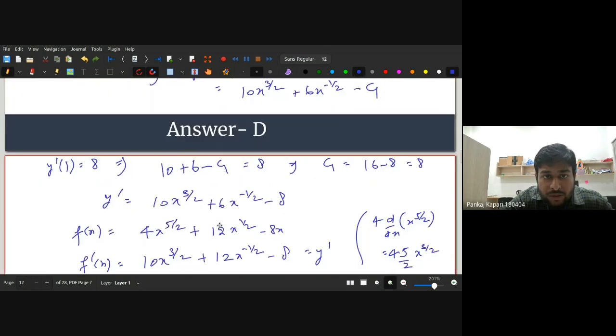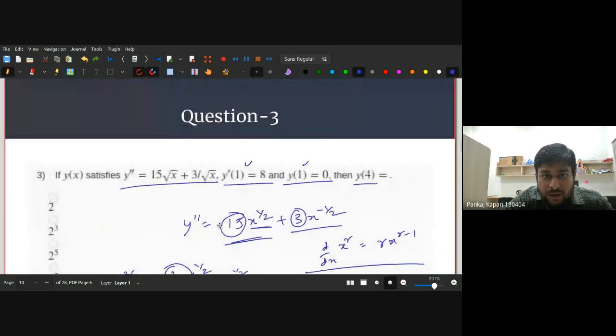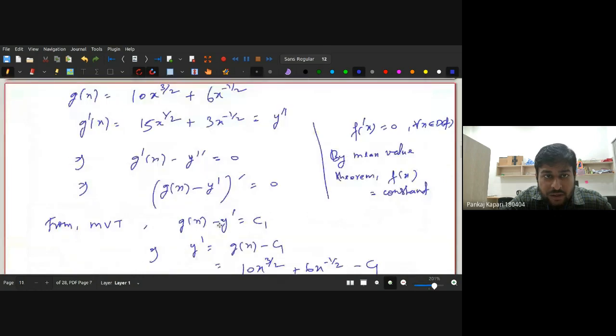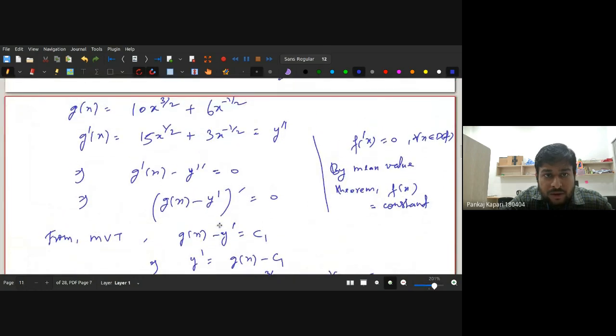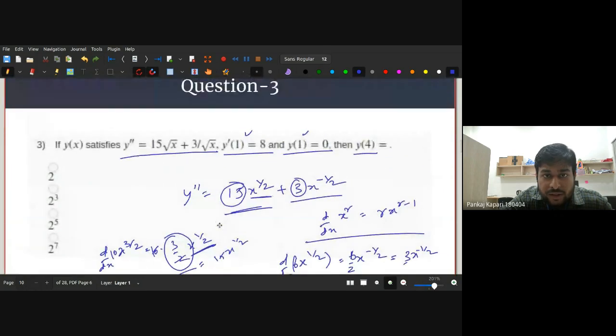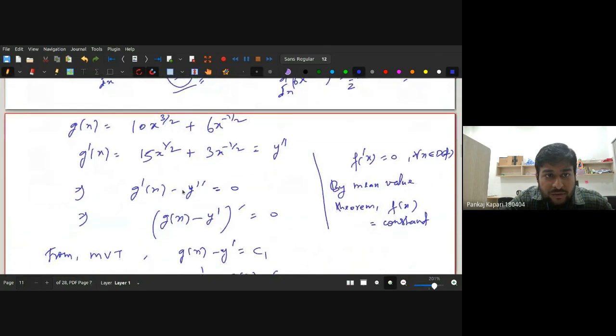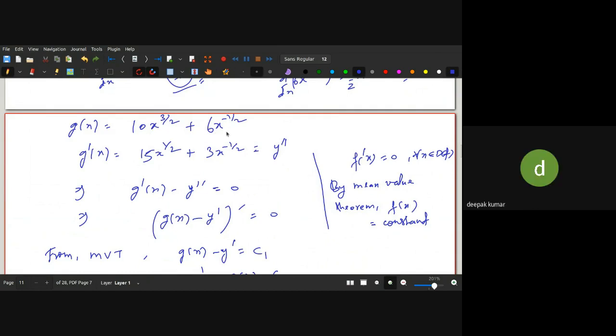So are we making some mistake? Let me check. 15x to the power half and 3x to the power minus half. Then if we differentiate this function, then 6x to the power half. I think there will be half, not minus half.